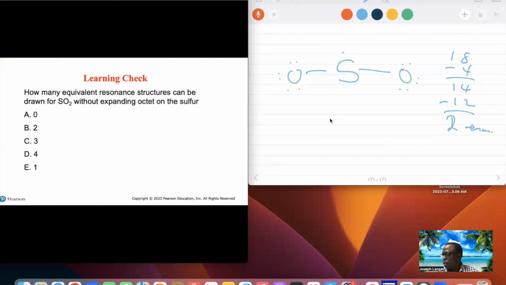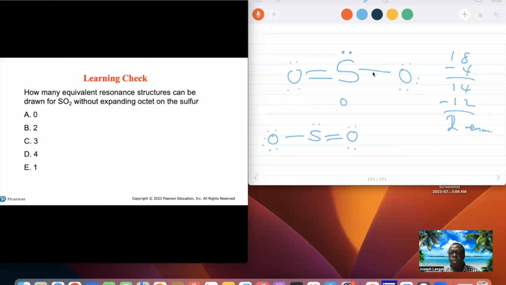So I put 2 on sulfur. This is the structure for sulfur dioxide, but sulfur does not satisfy the octet rule. So we can form a double bond on one side and get rid of a lone pair on that oxygen, or we can have the double bond on the other oxygen.